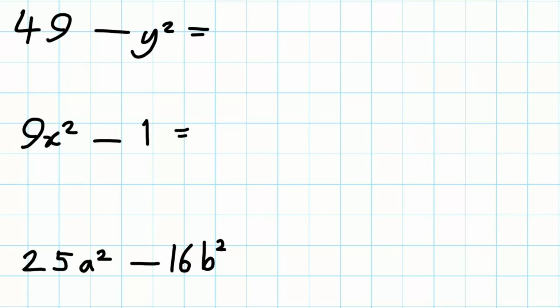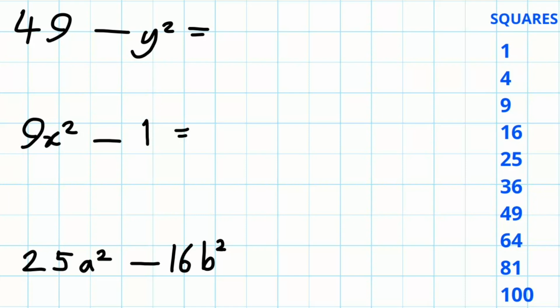We'll start by listing out square numbers from 1 up to 100, and that will help us to identify these. So 1, 4, 9, 16, 25, 36, 49, 64, 81, and 100. For example, 49 is 7 times 7, or 7 squared. So let's work through some examples. If we have to factorize 49 minus y squared, we notice that 49 is a square number, and y squared is a square.